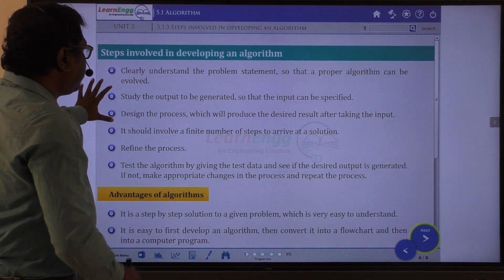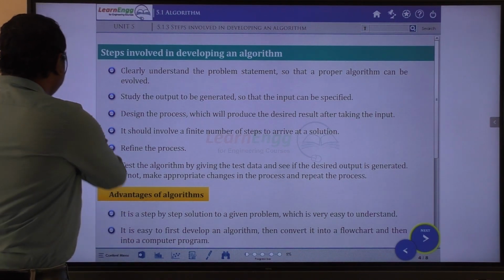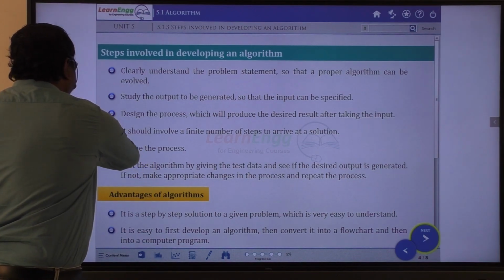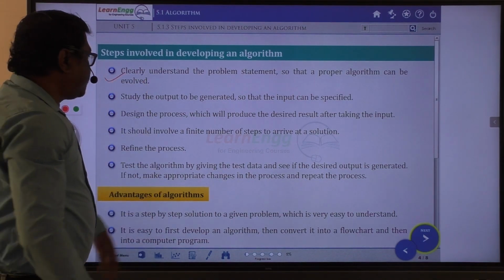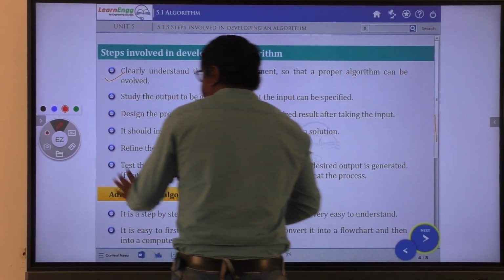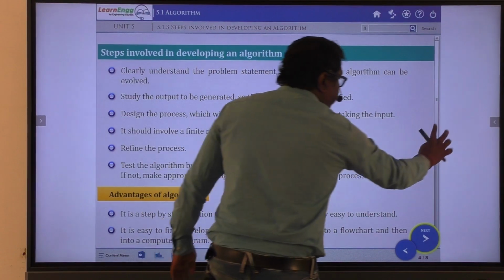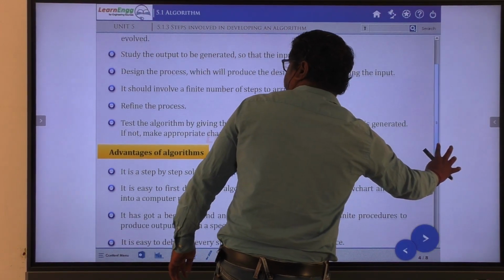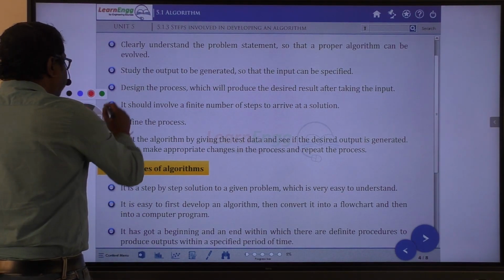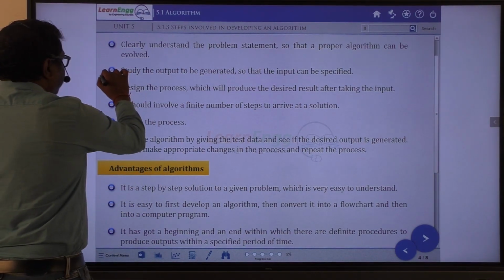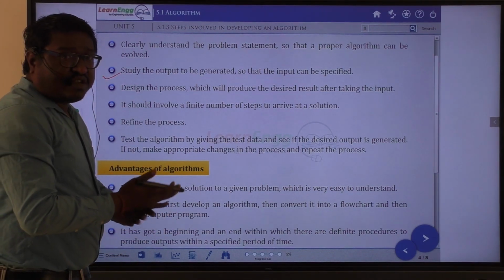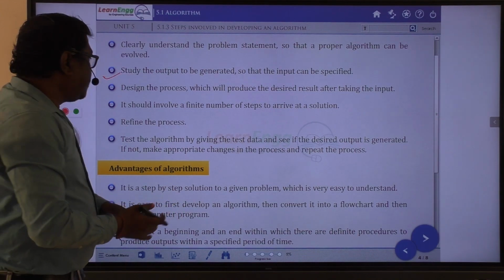What are the steps involved in the design of an algorithm? Firstly, we have to identify the problem and the problem statement. Then we have to study the output and what is specified as the input, what is given as the input and what is the output.